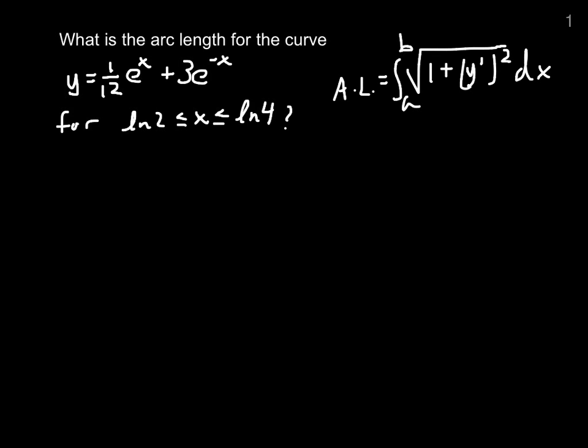So if y is equal to 1/12 e to the x plus 3 e to the negative x, then y prime is 1/12 e to the x minus 3 e to the negative x. Now let's square.